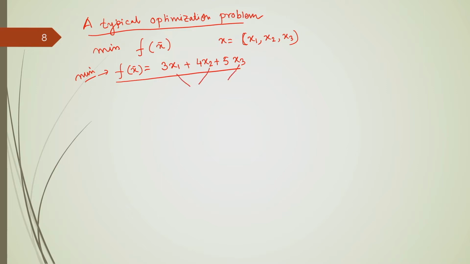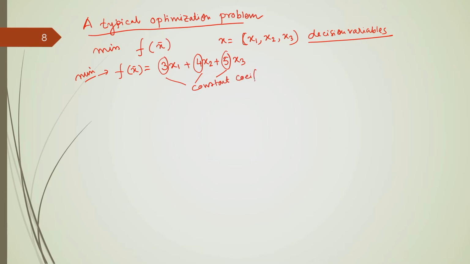Here x1, x2, x3 are decision variables, or problem variables. Apart from x1, x2, x3, we have some constants like 3, 4 and 5. These are coefficients or constant coefficients.